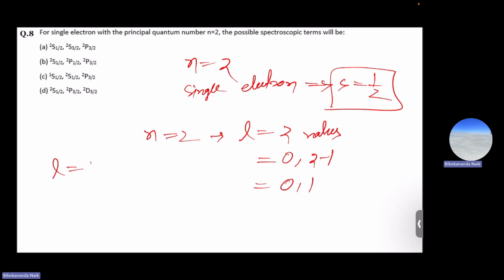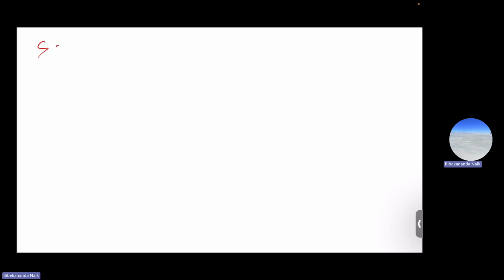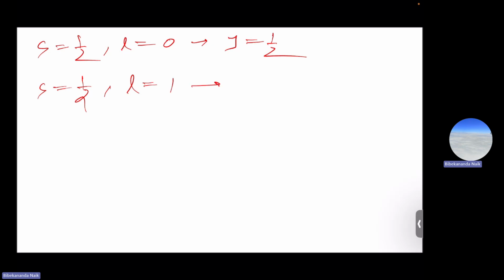Corresponding to L equal to 0, S equal to half, J is half only, because 0 plus half and 0 minus half are the same. Then for S equal to half, L equal to 1, J is half plus 1, which is 3/2, and half minus 1, which is 1/2.